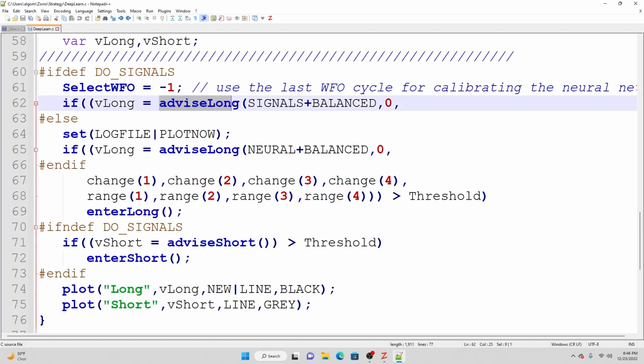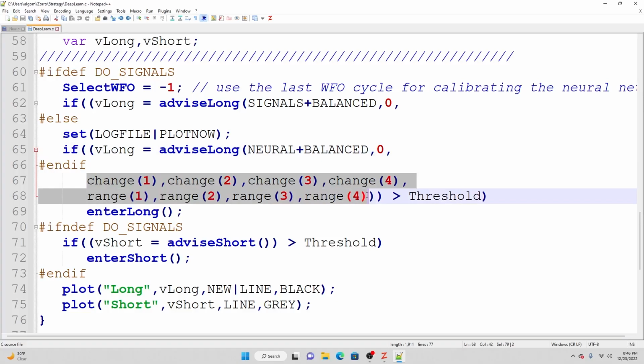But pretty much these functions are the ones that are calling R into service here and passing data to the neural network, right? So pretty much change 1, change 2, change 3, change 4, range 1, range 2, range 3, range 4 is what is being passed to the neural network, running in R again, by Zorro Trader.